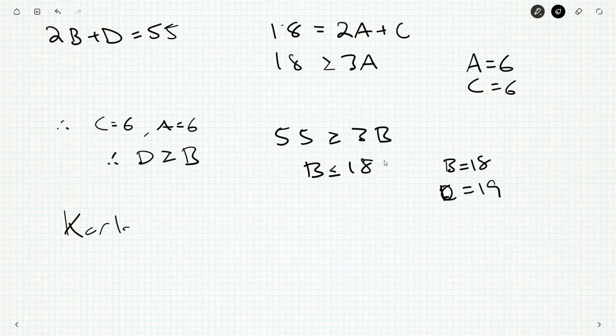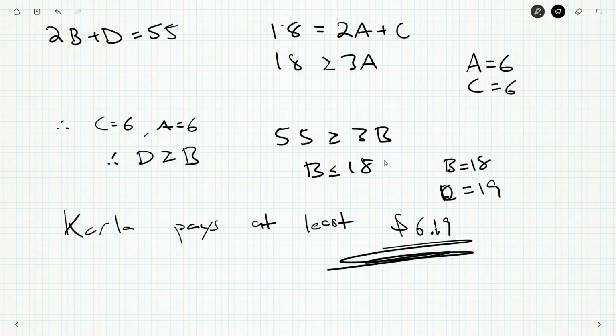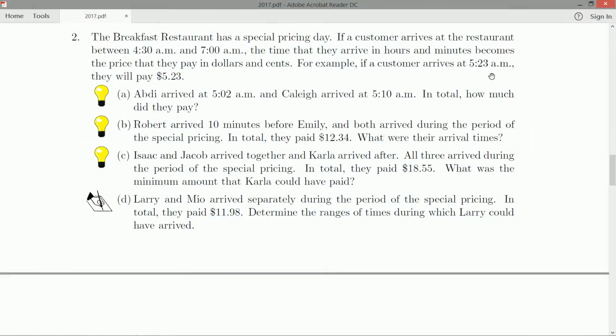So Carla pays at least $6.19. There we go. Almost fell into that trap. But no, if A and C are equal, Carla does have to arrive after Isaac and Jacob. Okay, that was a lot going on there, but it's still a light bulb. So if we got the $6.19, we'd be fine. Although I do caution you, if you just put $6.01, you probably wouldn't have gotten the marks, and if you hadn't written anything else, you wouldn't have gotten any part marks. You would have just gotten 0.